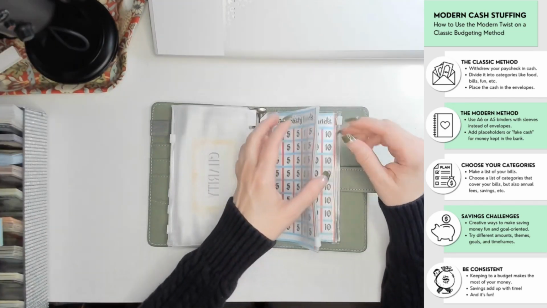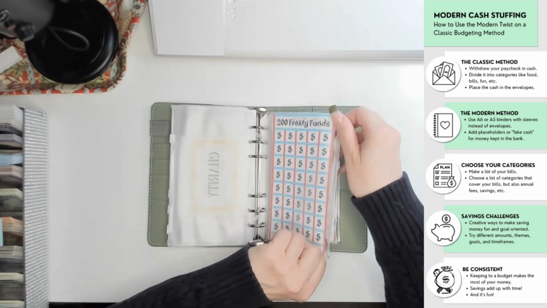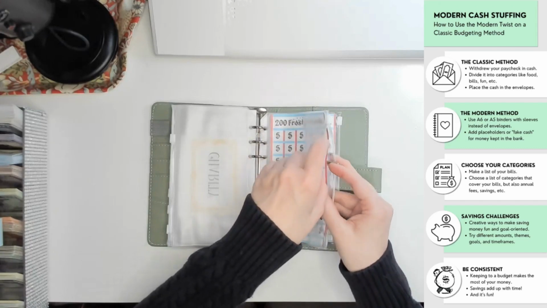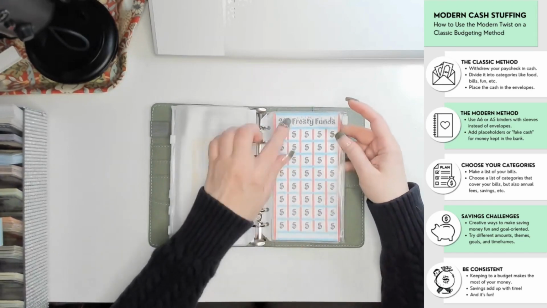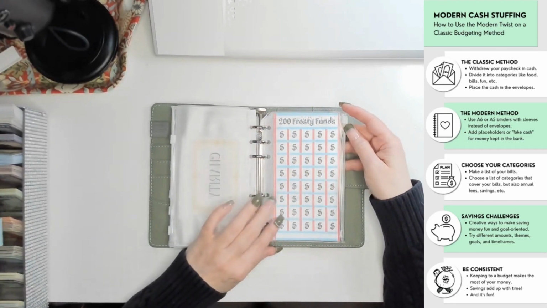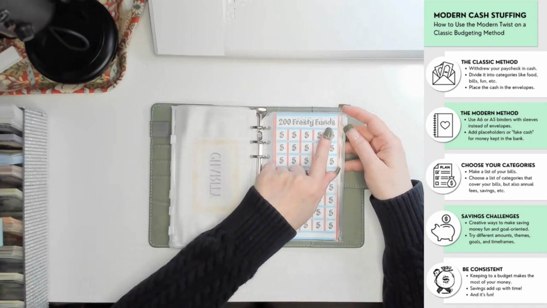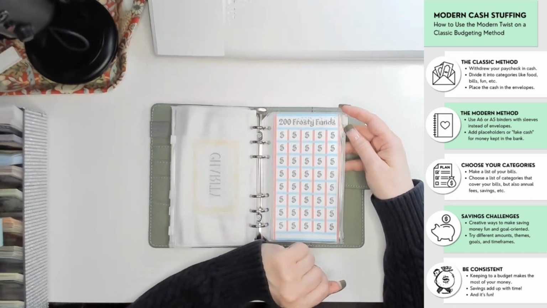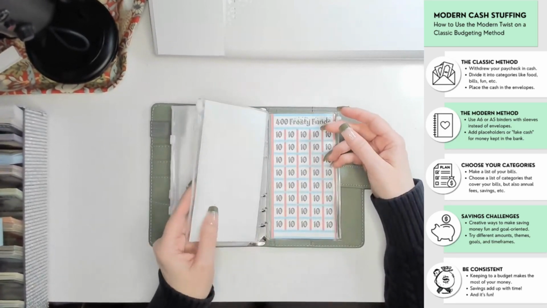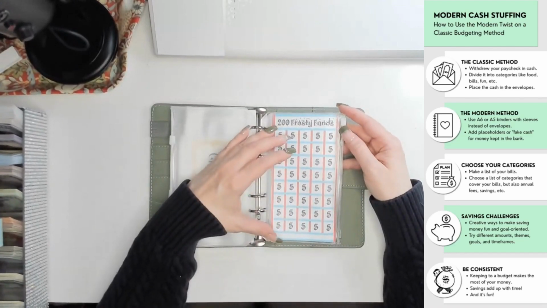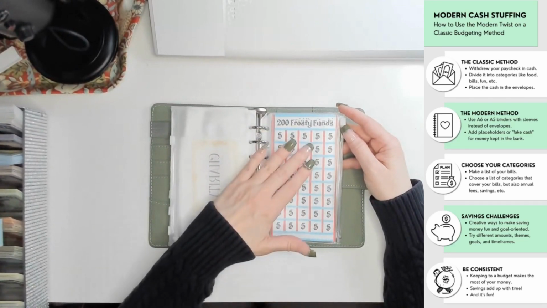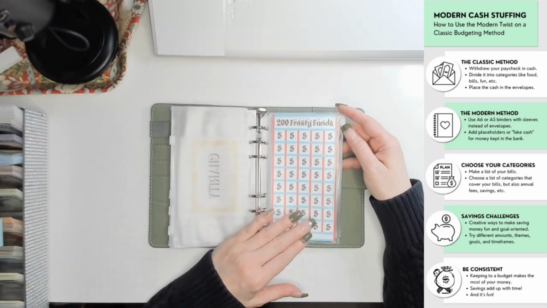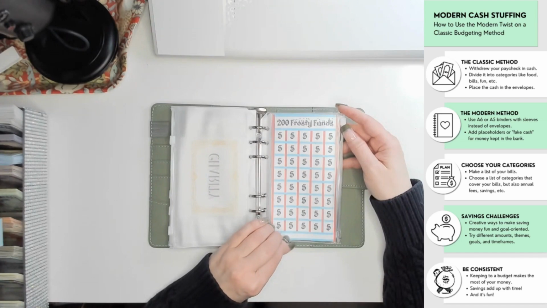And this is just a sheet in here that I printed out. But you mark that off, and then when you've filled it out, you have $200 saved. So it's a good way to save up money, but this also gives you a visual on how much progress you're making. And that can make a huge difference, just as something as simple as this.